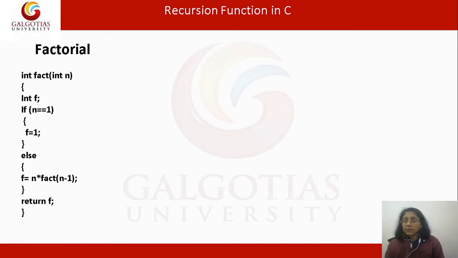If n is equal to 1, then f will be 1. Otherwise, it will call the function itself, but for a smaller value. Therefore, if n is not equal to 1, then again the function is called, n times factorial of n minus 1. And accordingly, the function will be called again and again as long as n is not equal to 1.